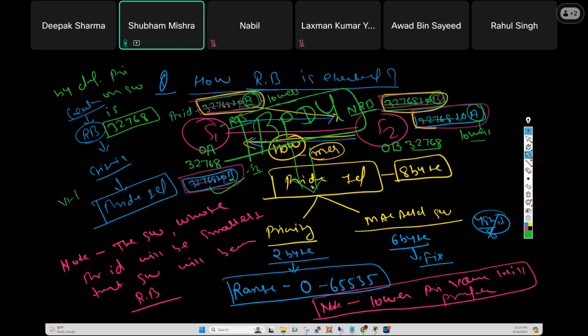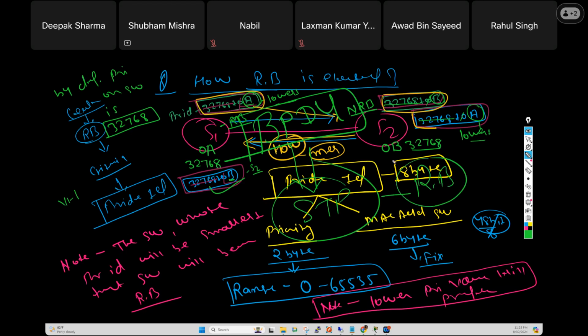But in an interview, if anyone asks you how you can define it, you can define BPDU as just like a message which is used in STP, and with the help of BPDU, root bridge election will happen. Do not mention only the bridge ID because in BPDU there are multiple contents. This is the professional answer you have to give in the interview. Clear, everyone? I hope you understand BPDU.